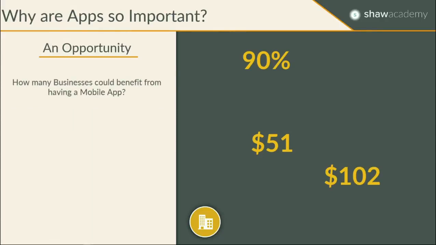And you may ask the question, how many businesses could benefit from having a mobile app? And I believe it is a much better question to ask yourself, how many businesses wouldn't benefit from having a mobile app?